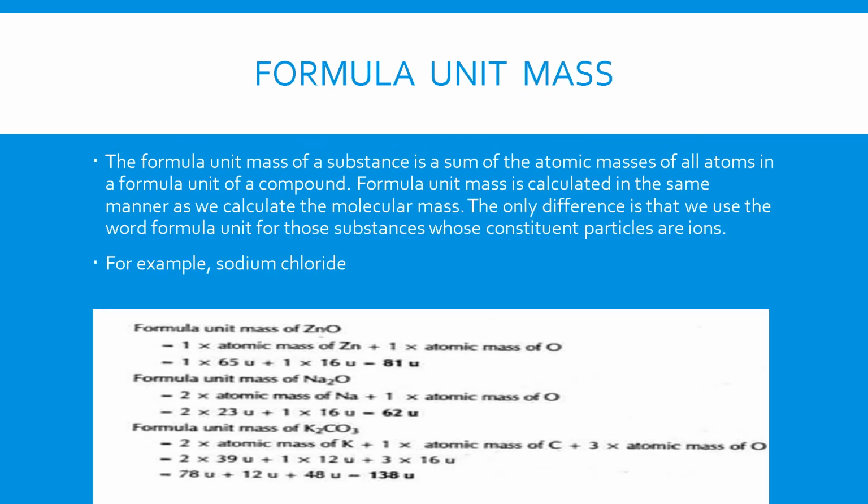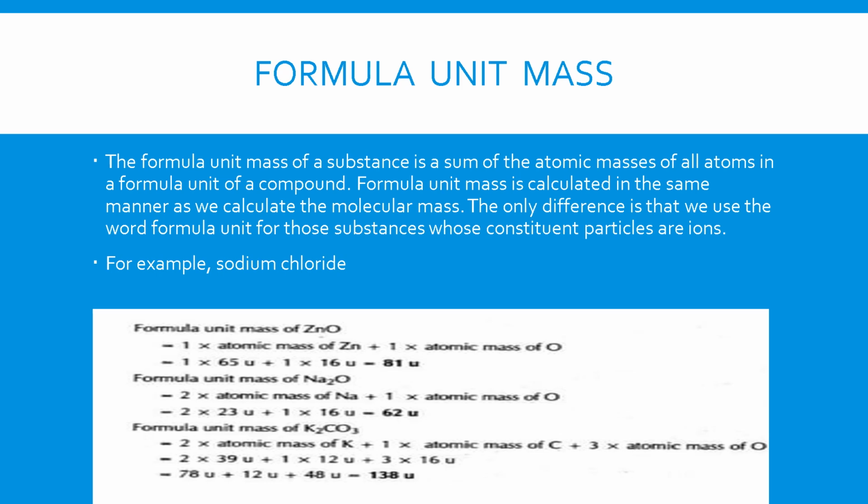Next is the formula unit mass. The formula unit mass of a substance is the sum of the atomic masses of all atoms in a formula unit of a compound. Oh my god, what is this, you are thinking, right? So just understand, children, formula unit mass is calculated in the same manner as we calculate the molecular mass.